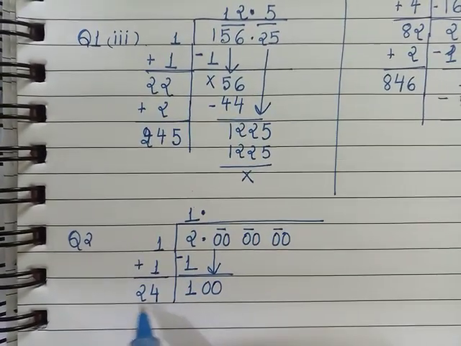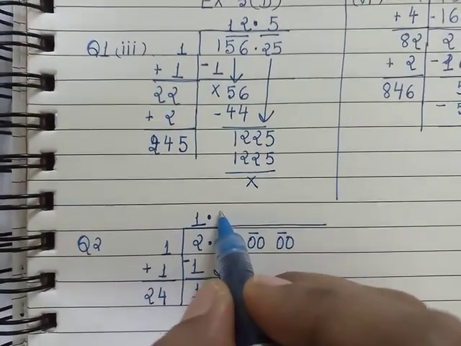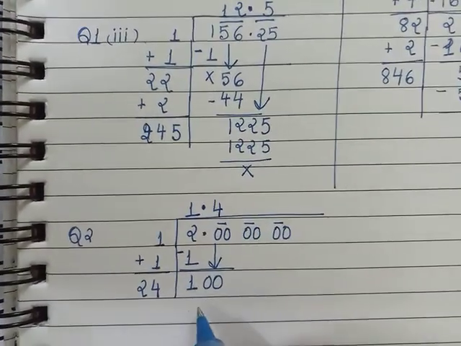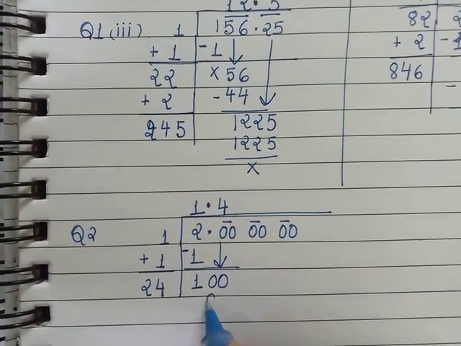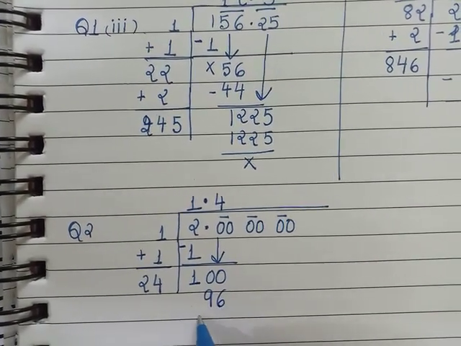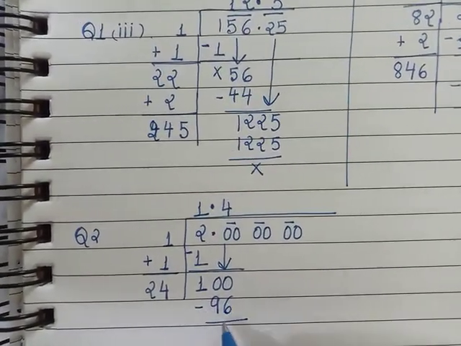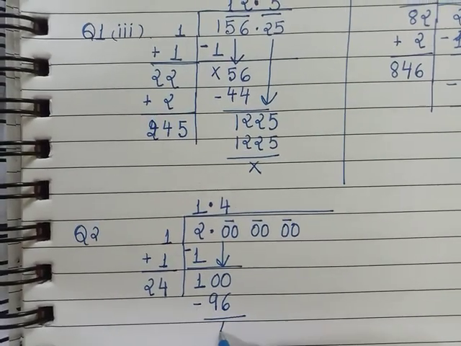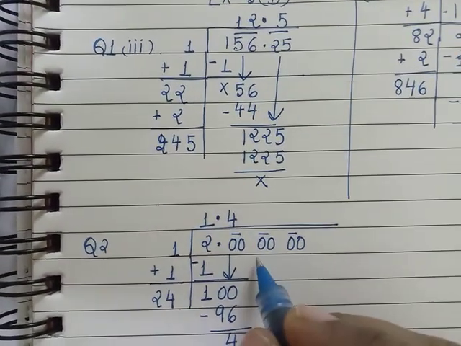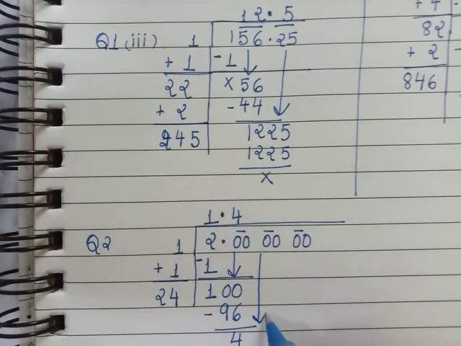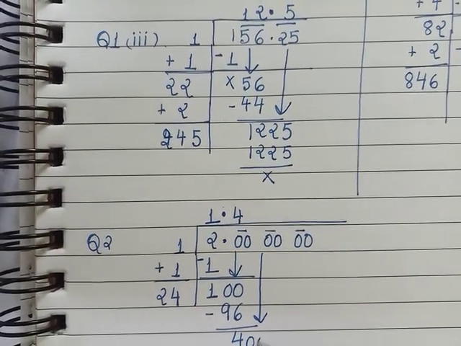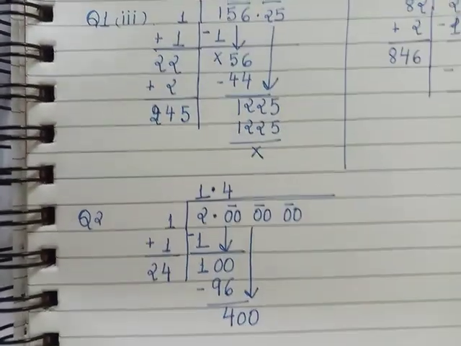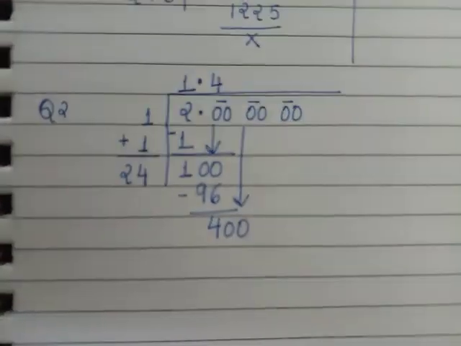The moment you write 4 it becomes 24. 24 into 4 is 96. Now subtract it. 100 minus 96 will give you 4. Now you have to copy down the next pair of zeros. So your new dividend is now 400.